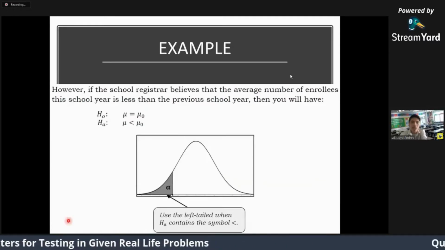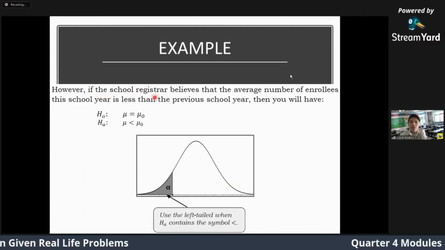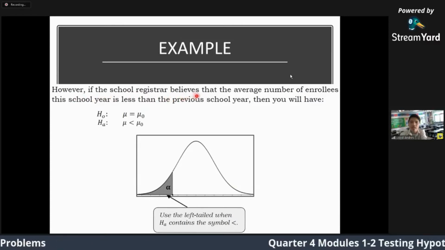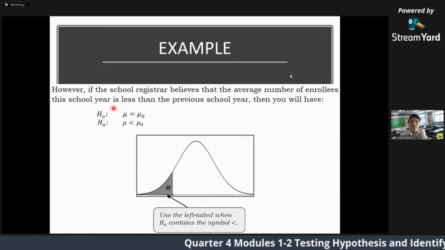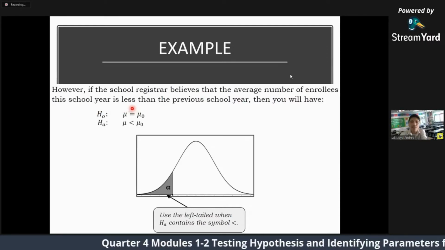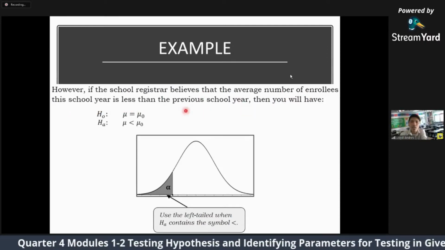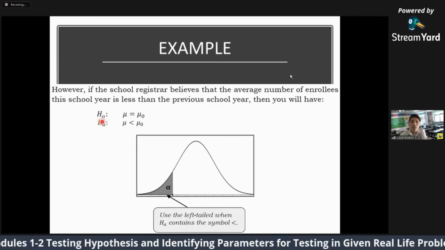What about this? However, if the school registrar believes that the average number of enrollees in the school year is less than the previous school year. Again, the null hypothesis is the same, equal.